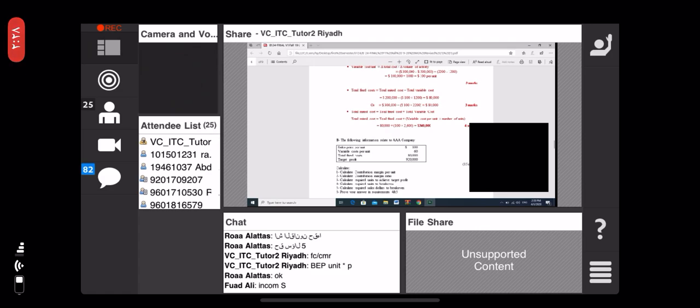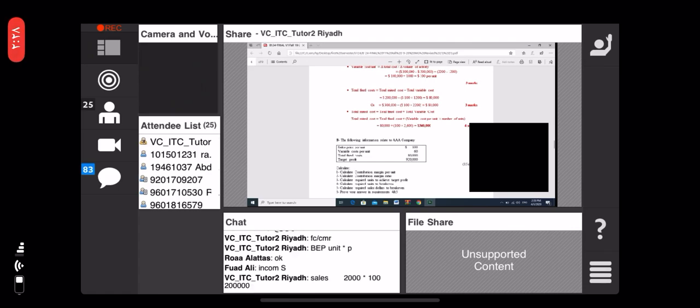What's the amount of sales? How many units in break-even point? 2,000 units multiply price 100. So total amount of sales will be 200,000.